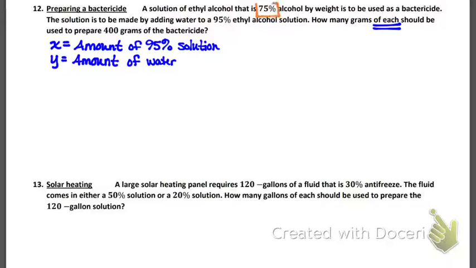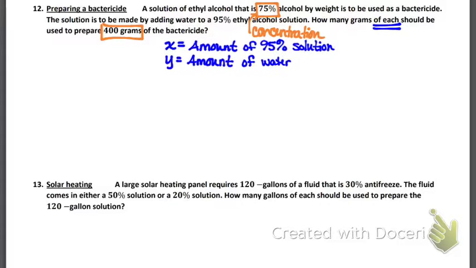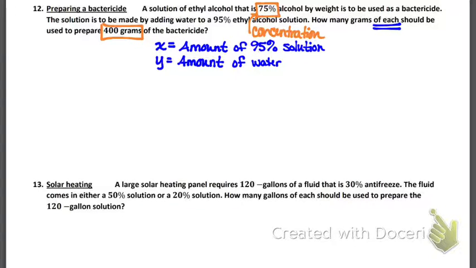I want it to have a 75% concentration, and I know that I want to end up with 400 grams of it, so I have a volume amount that I need. So here's my total volume. Since those are my end goals, I'm going to use those to write my equations.